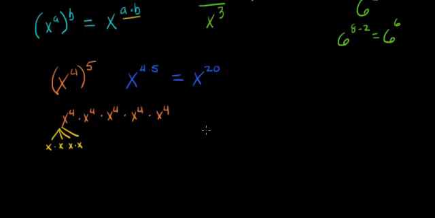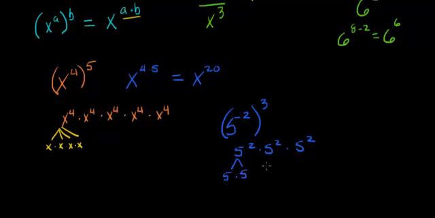Now if we replace the x with a numerical value, let's say we have 5 squared, and we're going to cube that. Again, it's the same idea as 5 squared times 5 squared times 5 squared, and that in turn would be 5 times 5, 5 times 5, 5 times 5.